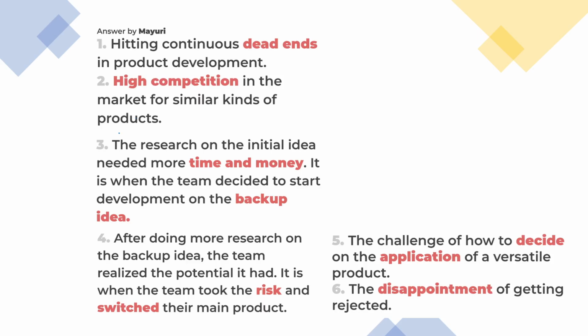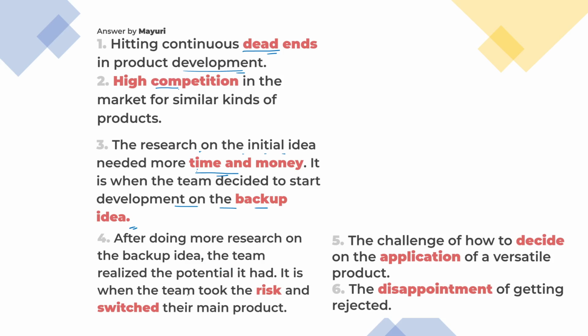So these were the 5, 6 responses given by Mayuri: hitting continuous dead ends in the product development. There was a high competition, a stiff competition. The research on the initial idea needed more time and money. So yes, that was also there. It is when the team started to work on the backup idea. After doing more research on the backup idea, the team realized the potential it had.